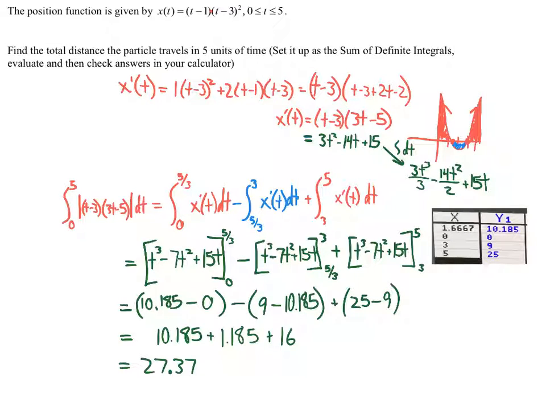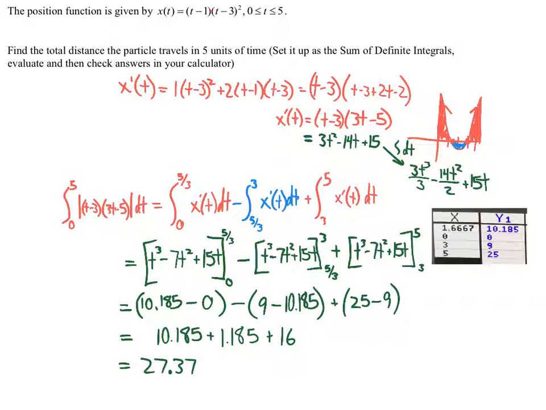Well, what we would have to do in that case, we would have to figure out the turning points. So we'd have to figure out critical values. Then we'd have to figure out its position at those different critical points. Okay? And at the end point.